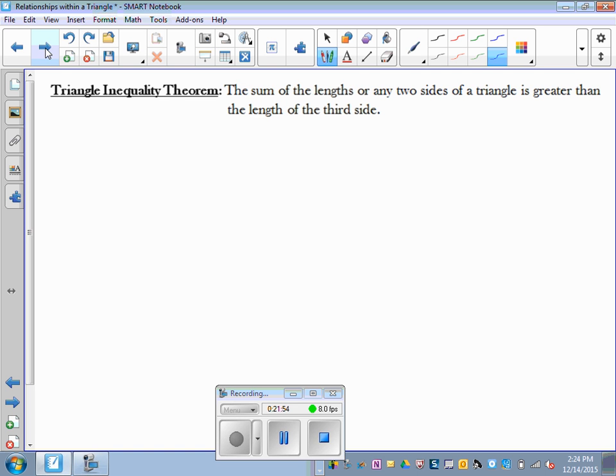Okay, so our triangle inequality theorem, the sum of the lengths of any two sides of a triangle is greater than the length of the third side. Okay, so I'm going to draw an example here. Let's call this side little x, side little y, and side little z.